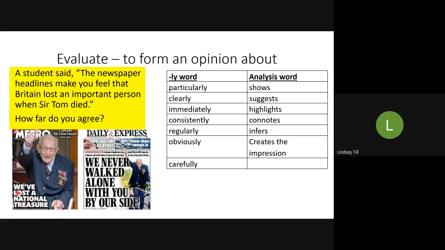Now, that sounds like the country has lost a very important person because they were a national treasure. And the noun used to describe the man as a national treasure makes me think that he was extremely valuable. And if I were to pull apart the noun treasure, I could explain that it sounds like it's something valuable, something sought after, something that you've got to look after, and you should keep it safe.